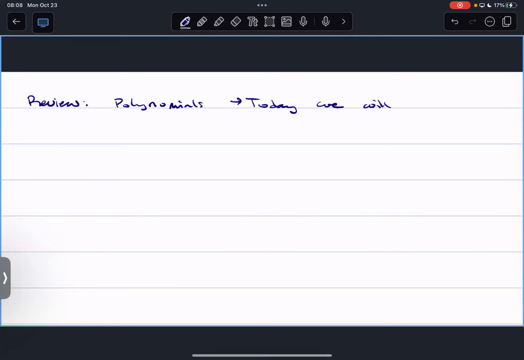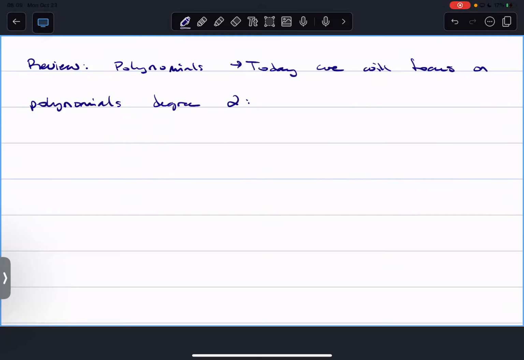we will focus on polynomials of degree 2, which look like f of x is a2 x to the power of 2 plus a1 x to the power of 1 plus a0 x to the power of 0.